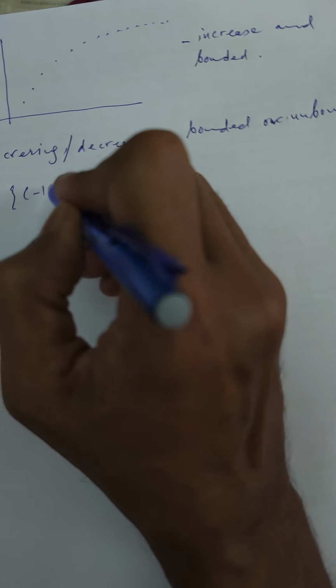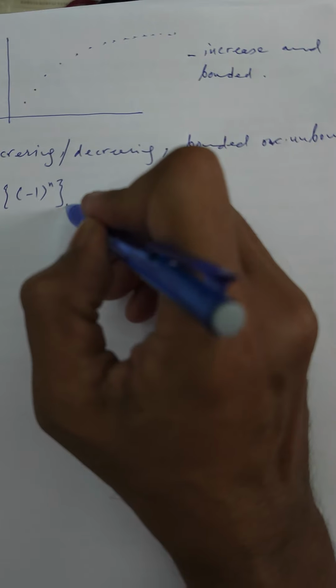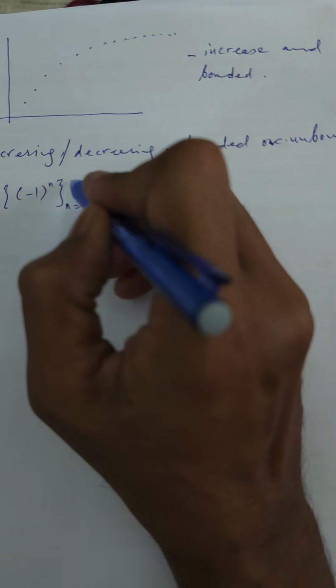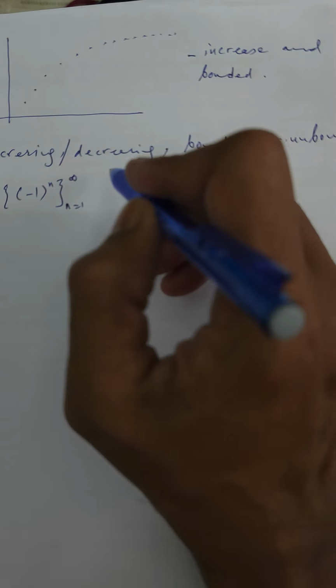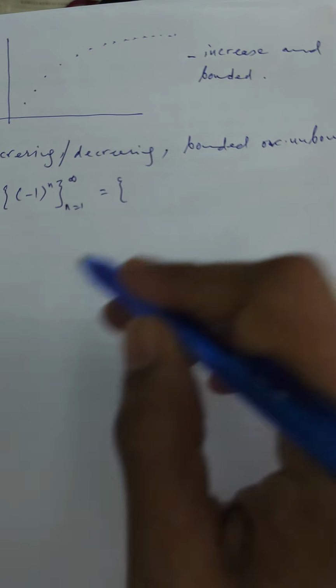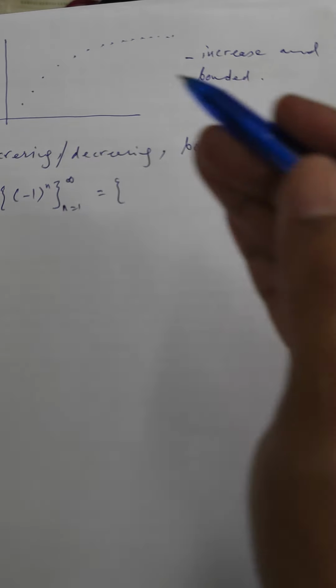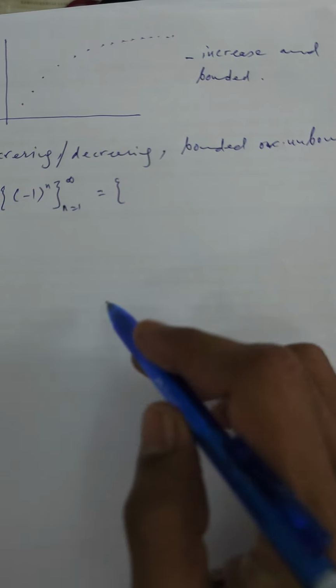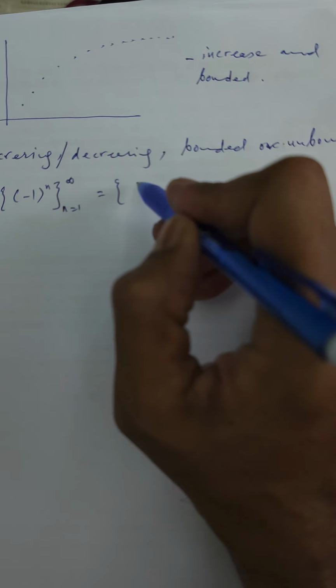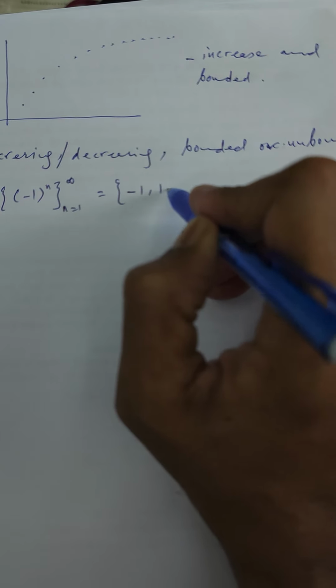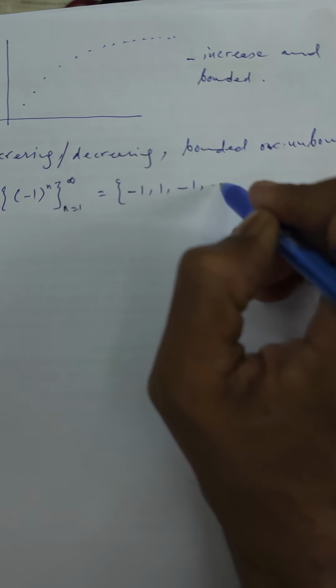Consider another example. What if you have this kind of sequence, n equal to 1 to infinity? If you list down the terms, the elements of that sequence, we have minus 1, 1, minus 1, and so on.